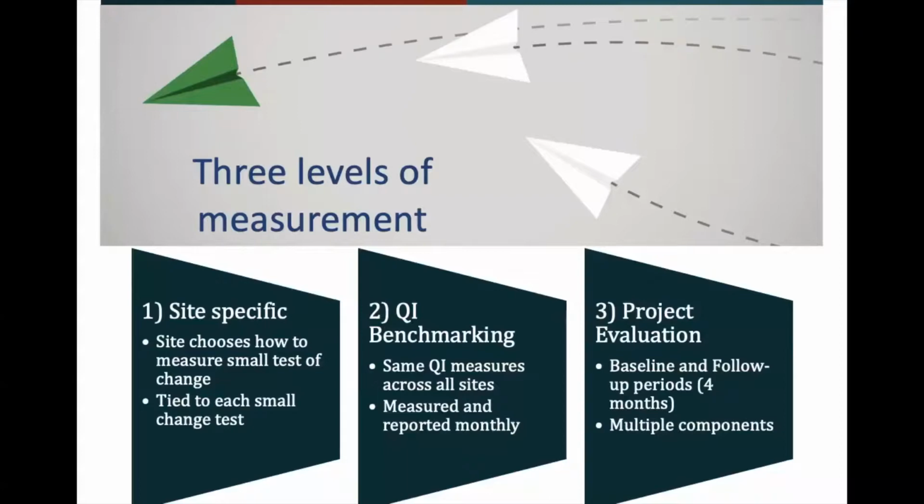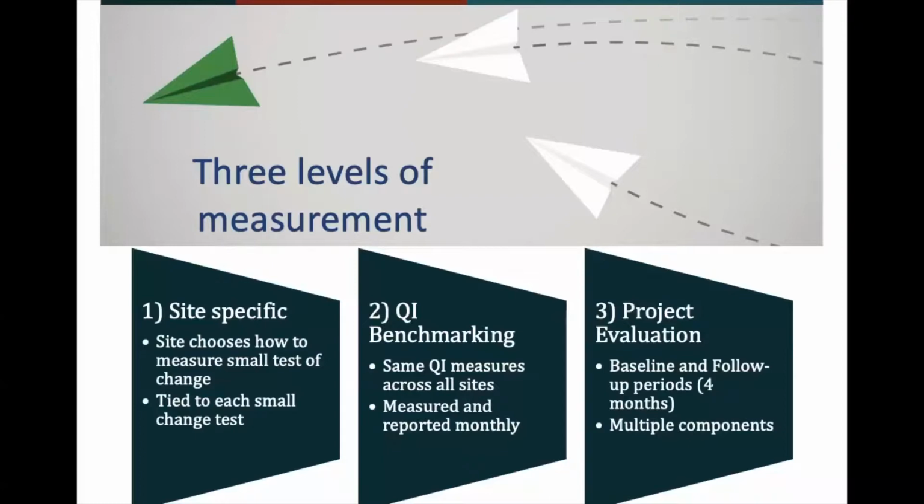Then we have level 2, which is mostly what we're going to talk about today, which is the quality improvement benchmarking. That's where all sites are reporting the same measures, and we're going to put that all together, and we're going to benchmark. And it's not meant to be, these guys are failing and these guys are succeeding. It's really meant to be, wow, look, they just had a breakthrough.